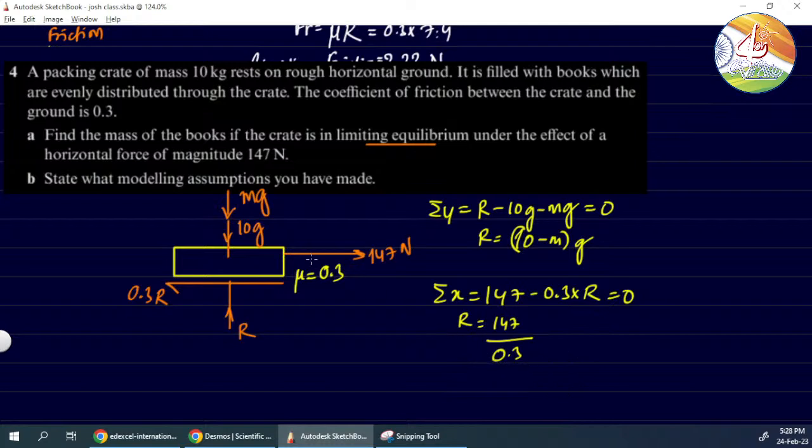So we found R. What did he ask us to find? m. So if you substitute R here, what do we get? 10 minus m times g equals 147 by 0.3.